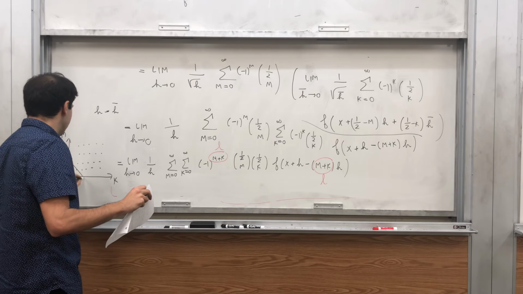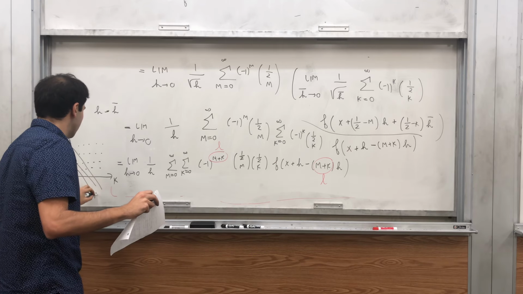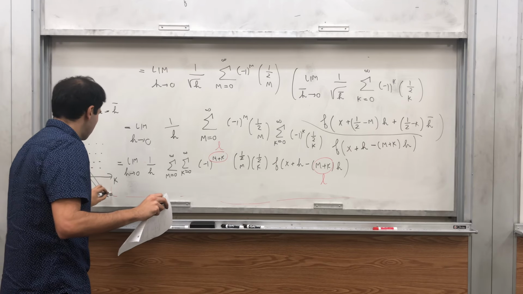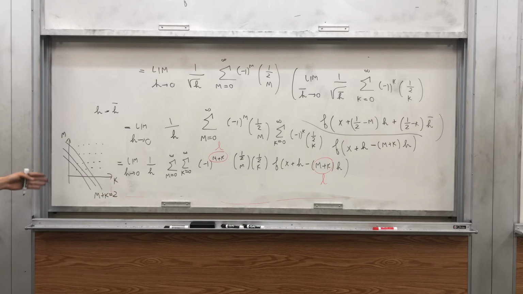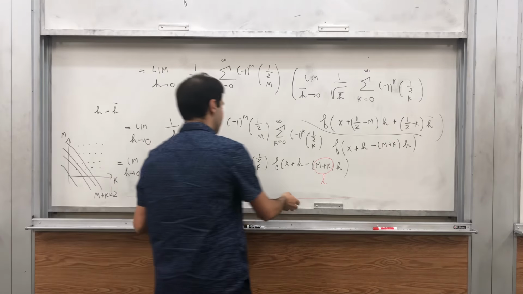So this is m plus k equals 0, m plus k equals 1, m plus k equals 2. So really, to sum over all the dots, it's the same as summing k from 0 to infinity and summing over all those diagonal lines, which is L from 0 to infinity.